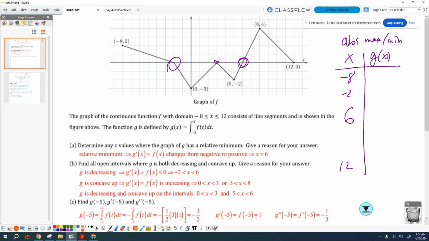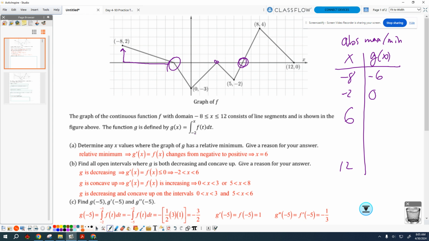But from -2, integrating at -2, that's 0. Actually, at -8, is that a max or what is that number? -6. -6, yeah. And then at 6, we're subtracting more stuff, right?